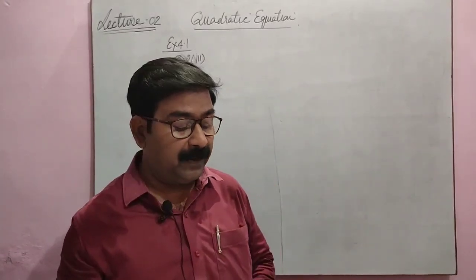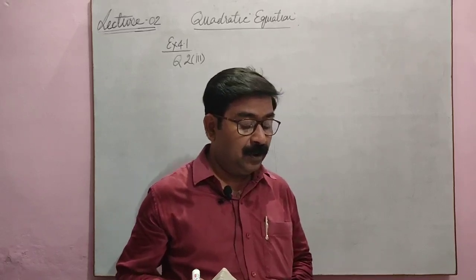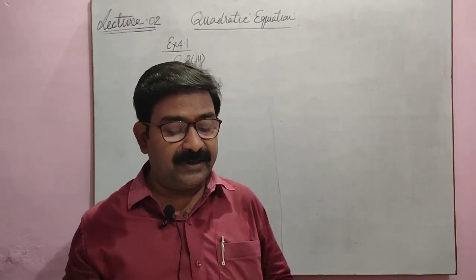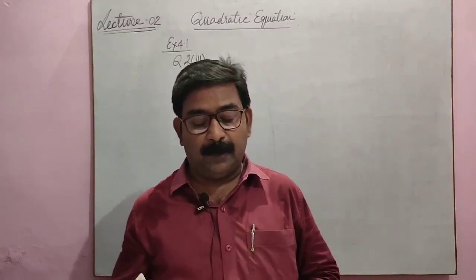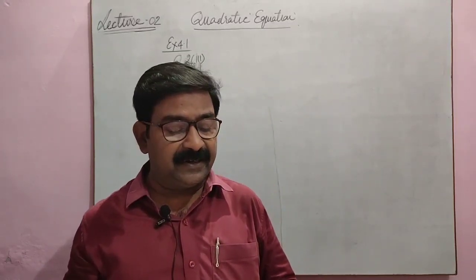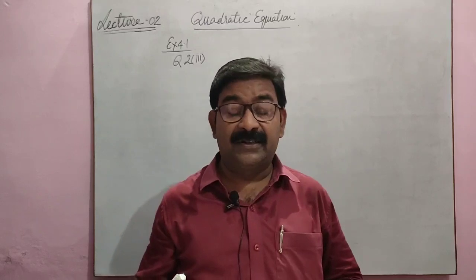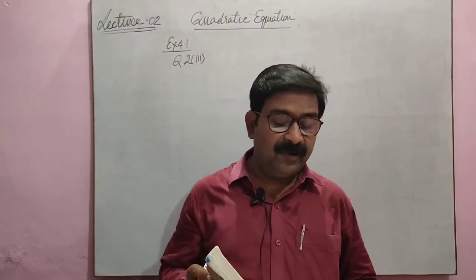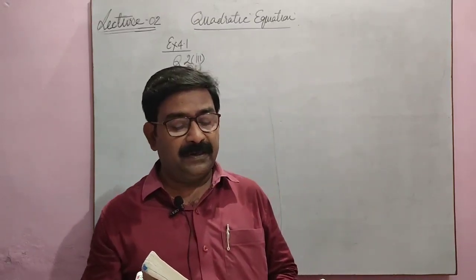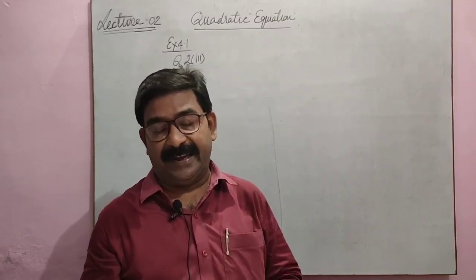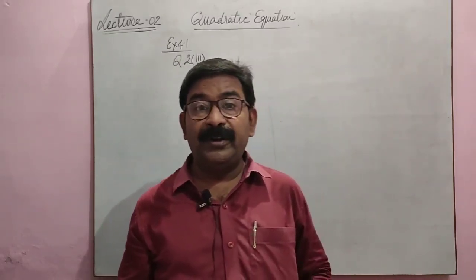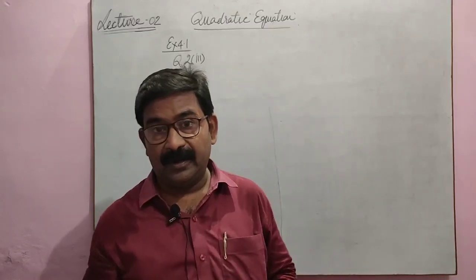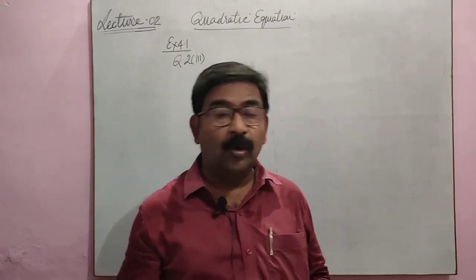Now coming to the third part, I am reading the question. Rohan's mother is 26 years older than him. The product of their ages 3 years from now will be 360. We would like to find Rohan's present age. So Rohan's mother is 26 years older and we have to find Rohan's age.